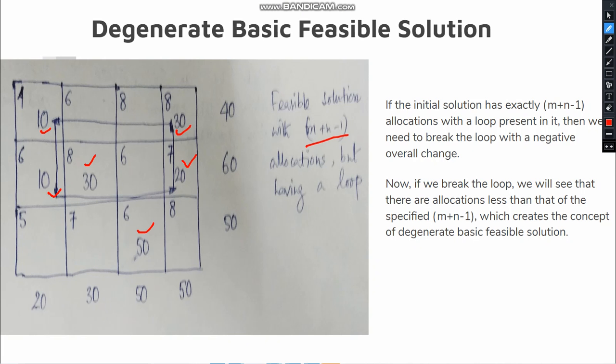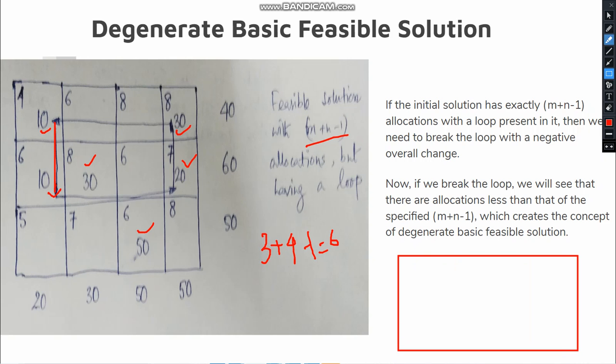M plus n minus 1, that means 3 plus 4 minus 1, is equal to 6. So it is following the m plus n minus 1 rule. But what is the problem here? There is a loop present. So you have to break this loop. Now when you are going to break this loop, what will happen? Let us see what happens when we break this loop.